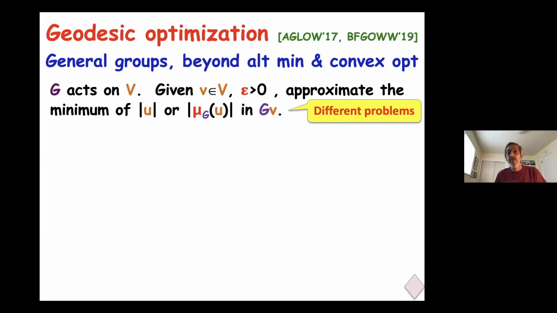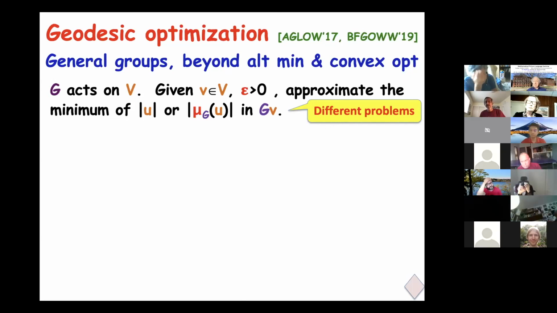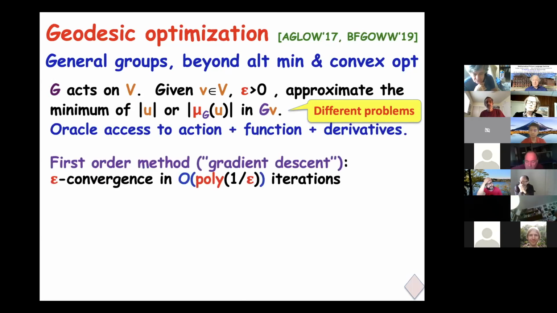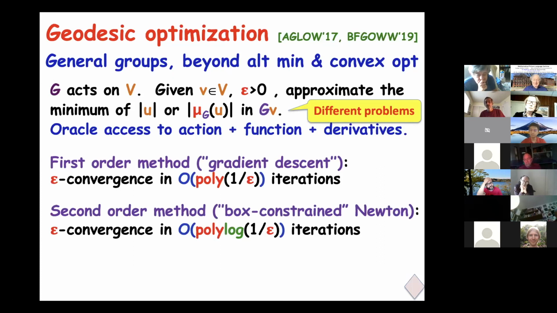And we have just the analogs of what is the sort of holy grail in the case of Euclidean convex optimization: first and second order methods. So let me just flash them. First order is what you do if you have only derivatives. Second order is when you have access also to the Hessian of the function.